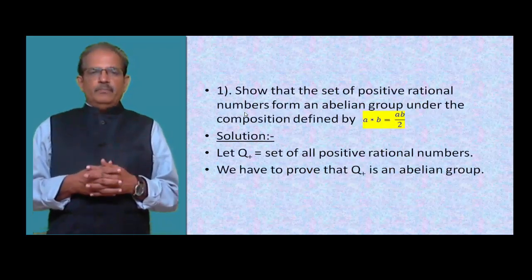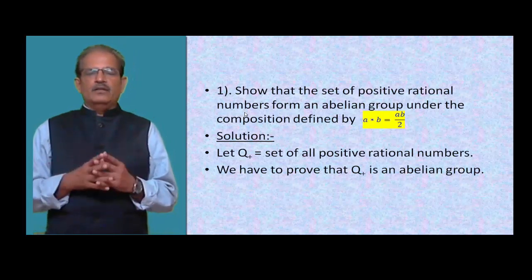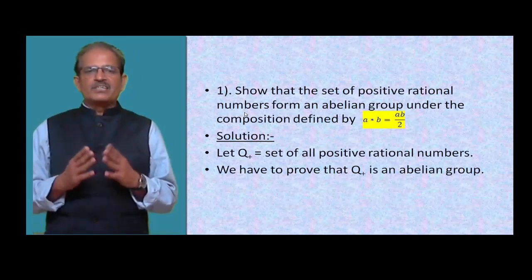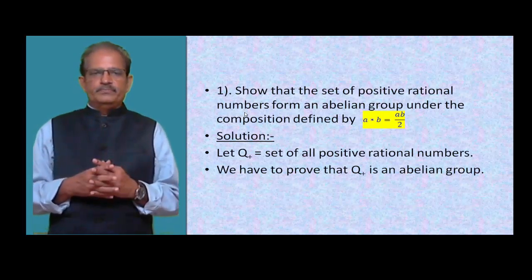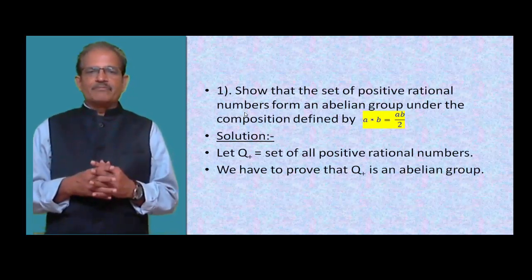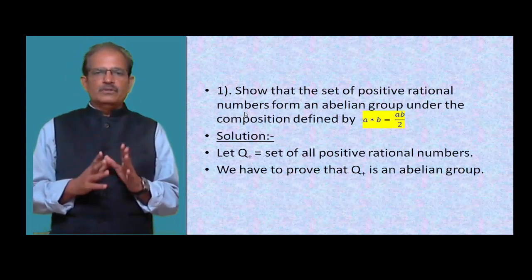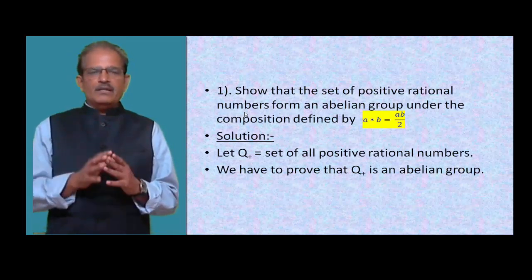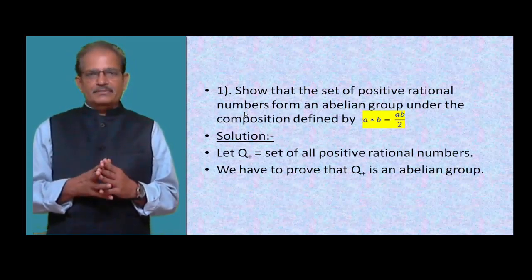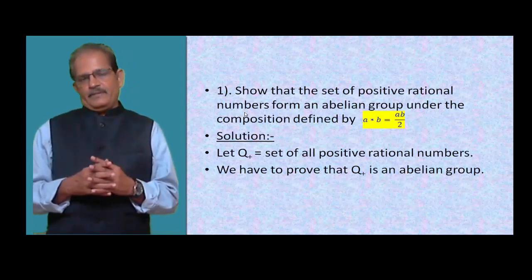Now see this problem. Show that the set of all positive rational numbers forms an abelian group under the composition defined by A star B is equal to AB by 2. So the given non-empty set is the set of all positive rational numbers.